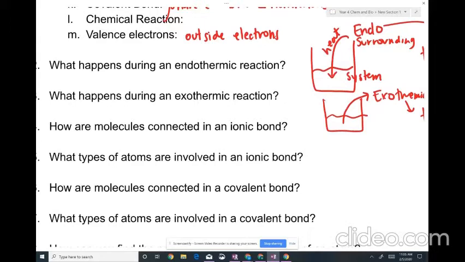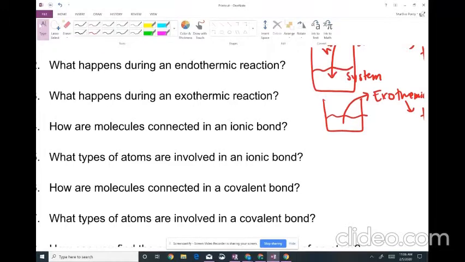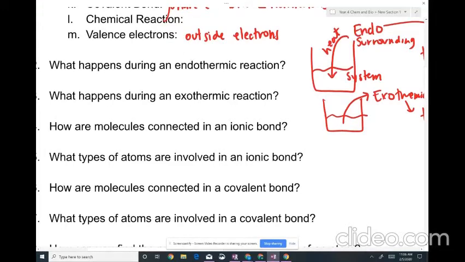Okay, so how are molecules connected in an ionic bond? In an ionic bond, the big thing to remember is that molecules are attracted to each other due to charges. In this case, they're connected due to opposite charges. For example, we end up with an Na plus and a Cl minus, and those things are going to snap together like a magnet, and then that is going to be your ionic bond.